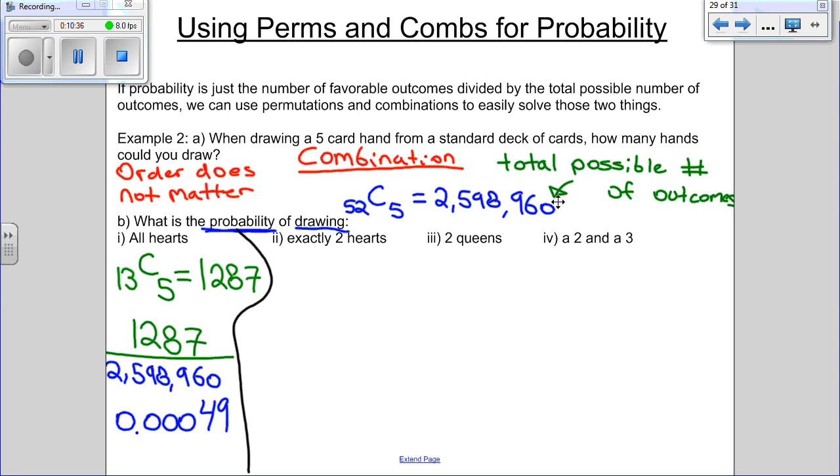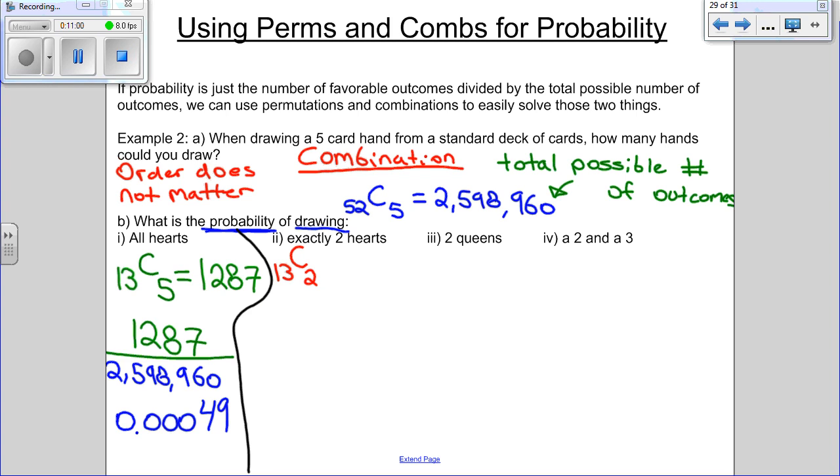So to calculate that, I ask myself, how many hearts are in the deck? There's 13. Does the order matter in which I pull them out? So it's a combination. The order does not matter. How many hearts do I want? 2. So I want 2 of the 13 hearts.